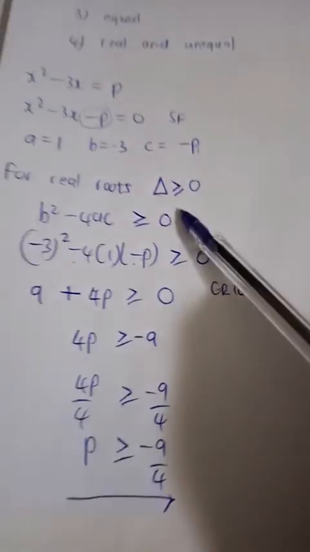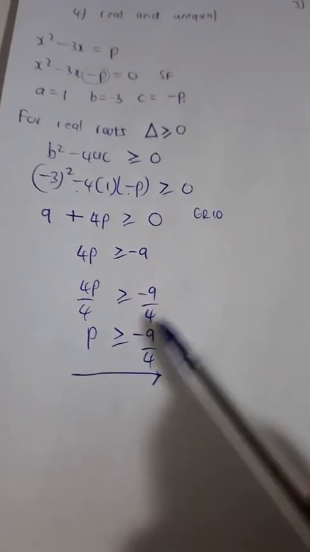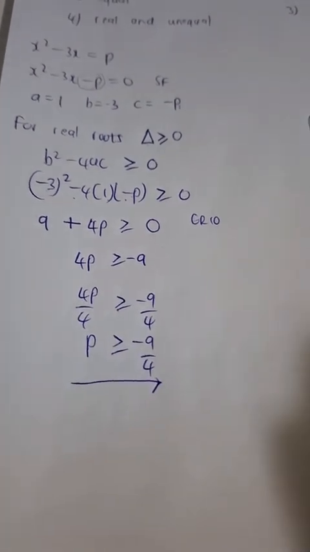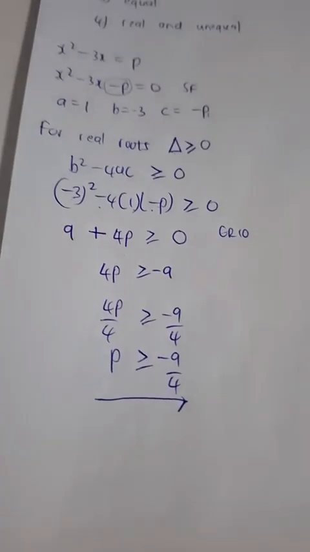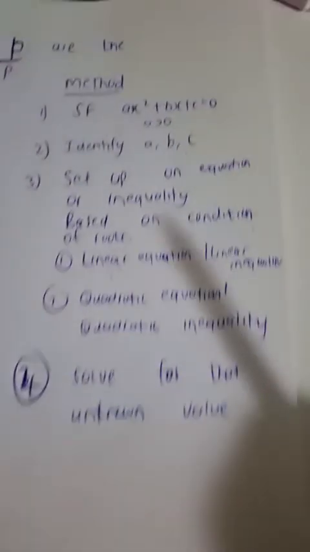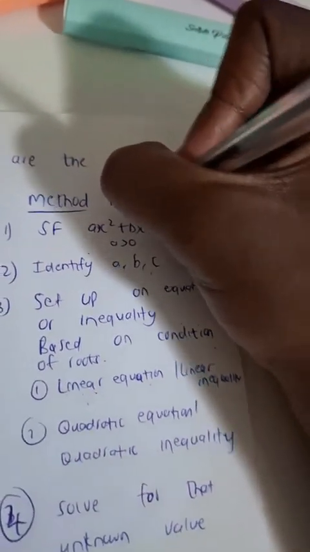So when they are asking for which values of p the roots of this equation are real, it's when p is equal to negative 9 over 4 or slightly above negative 9 over 4. This is how, guys, you would approach these questions. They are called the "for which values" questions.